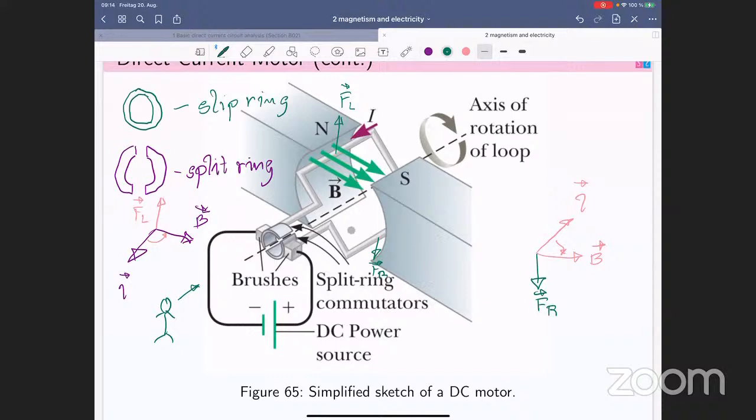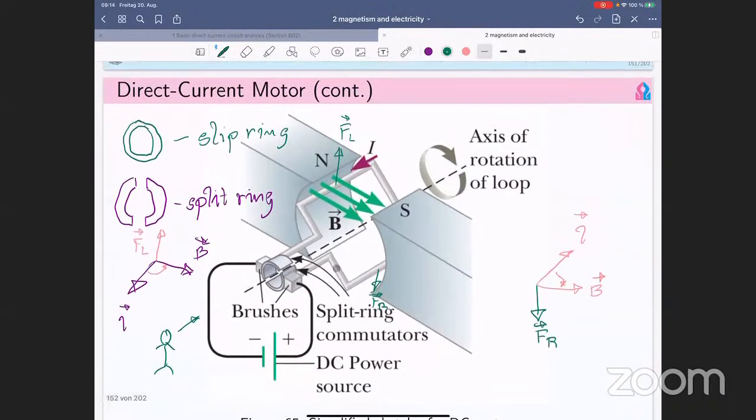You may not get 100 watt of rotation at the end in this kind of direct current motor, because there is friction between the split link and the brushes, and not only at a single touch. You have another side with friction too, so the whole motor loses some energy or power according to the friction here.